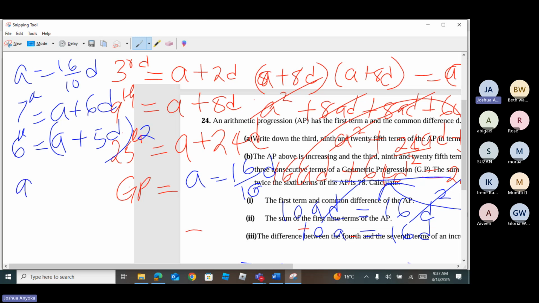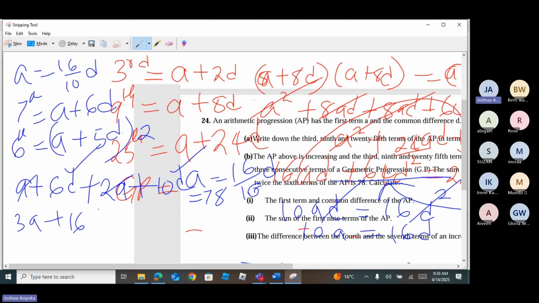So A plus 6D plus twice the sixth term, 2A plus 10D, is equals to 78. The sum of the seventh and twice the sixth will give us 78. A and A, 2A, 3A, 6D plus 10D is 16D.